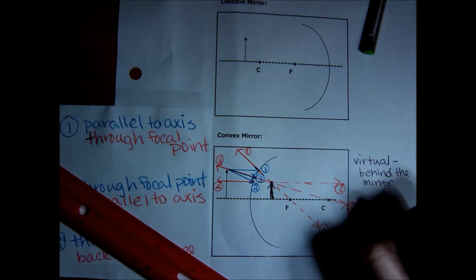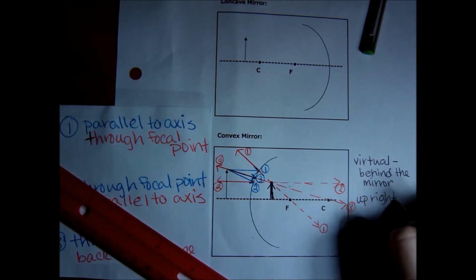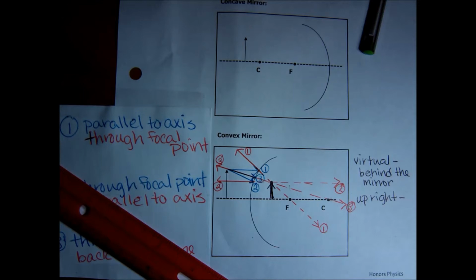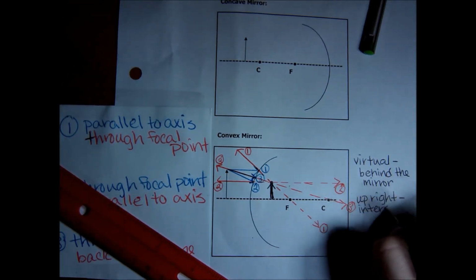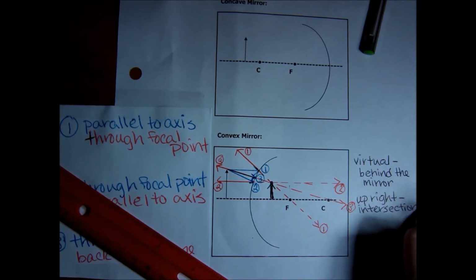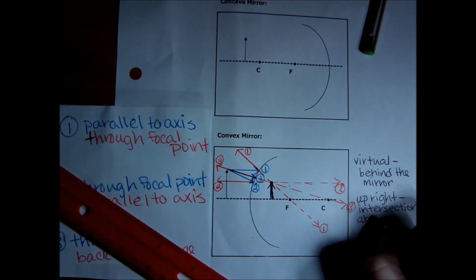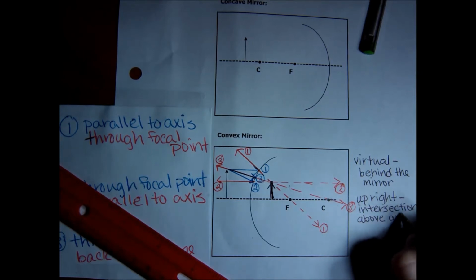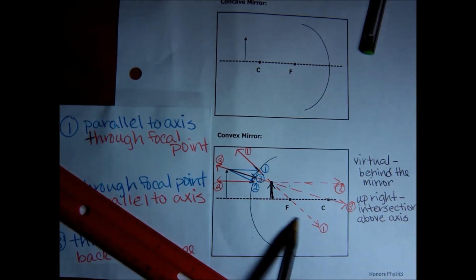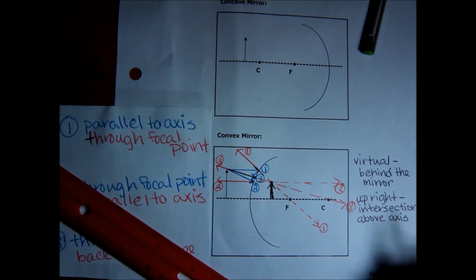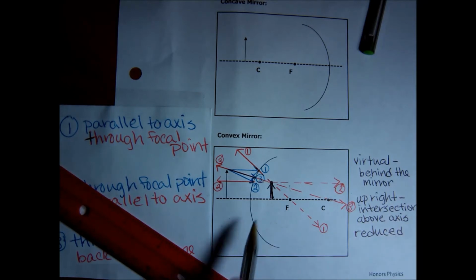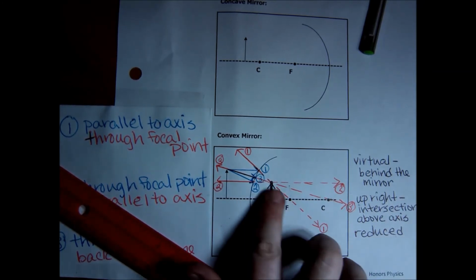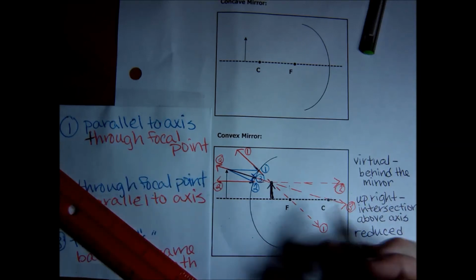It's upright. And we can say definitively that it's upright because the intersection occurred above the axis, up here instead of down here. And lastly, it is reduced. The image is smaller in size than the original object was.